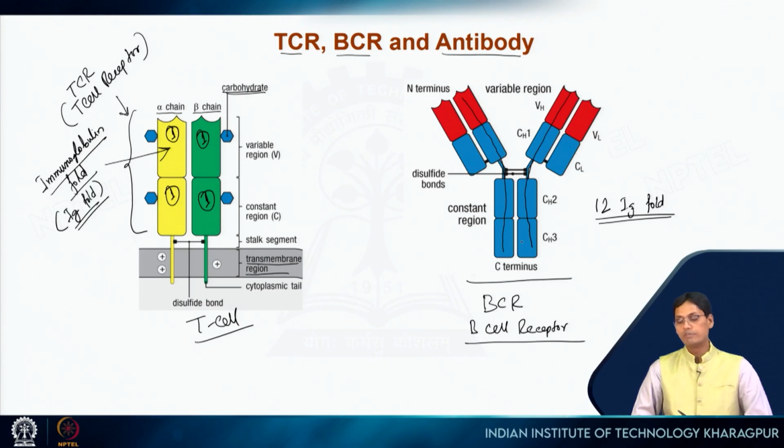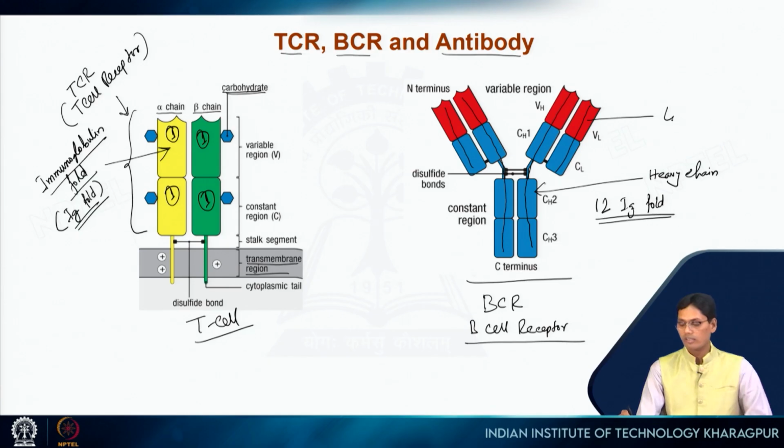This polypeptide chain is bigger and its molecular weight is more, and this chain is called the heavy chain of an antibody. On the other hand, this one is the smaller one, the lighter chain.